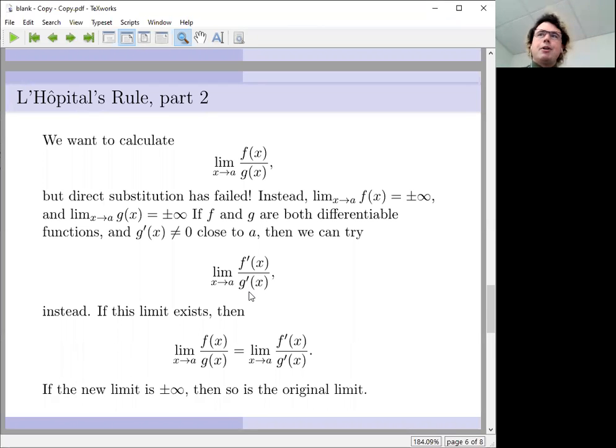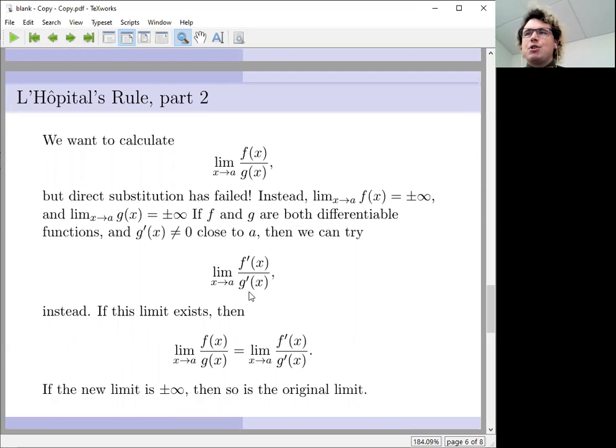Now, there are other applications of this rule. The next one that I want to look at is what happens if I'm taking a limit, quotient of two different functions, but now each of these functions doesn't actually have a limit as x goes to a.